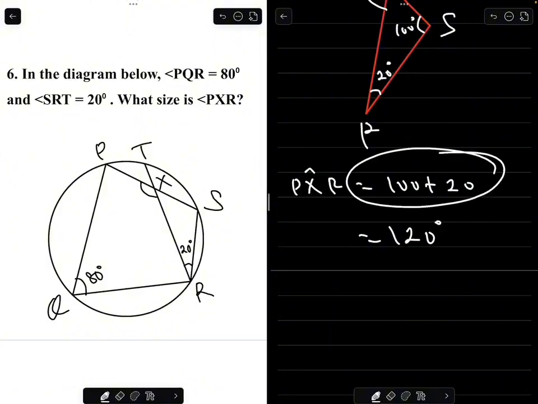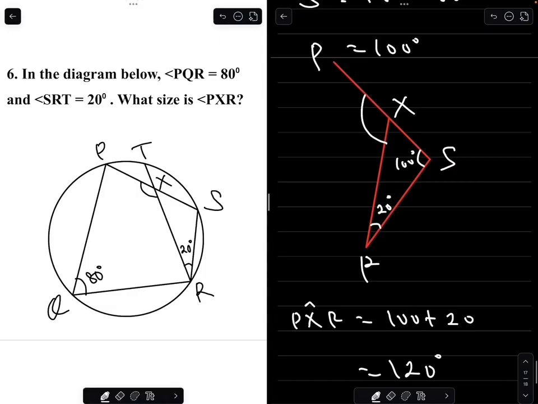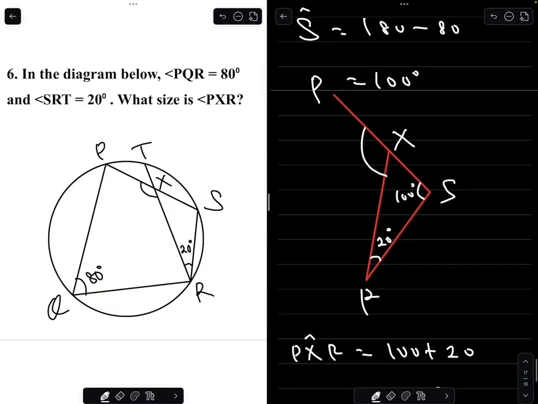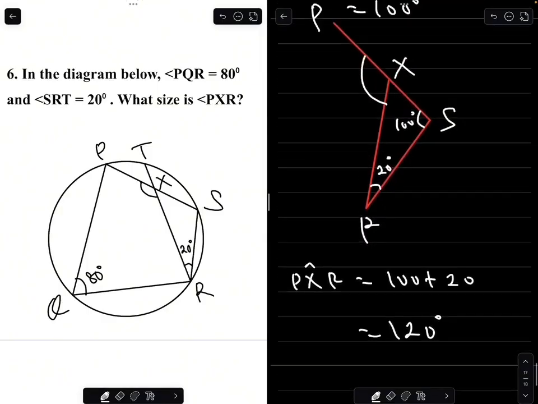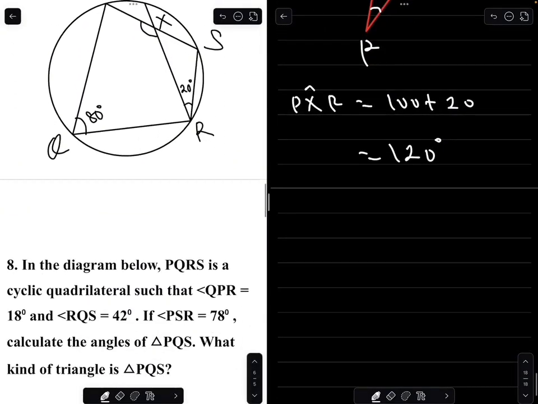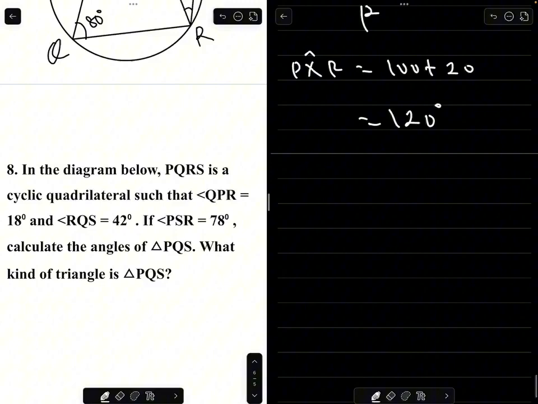And the reason for that is exterior angle of a triangle is equal to the sum of opposite interior angles. And that answers the question very simply. So we go to the next one, which is number 8.